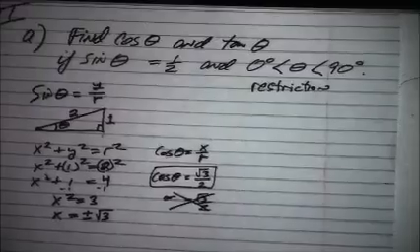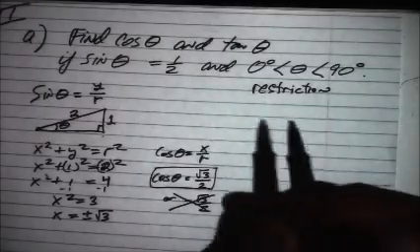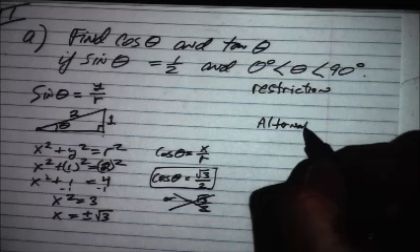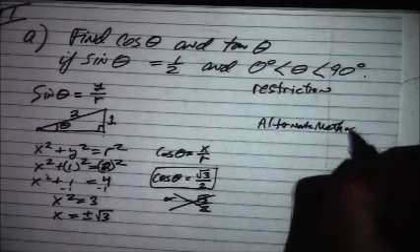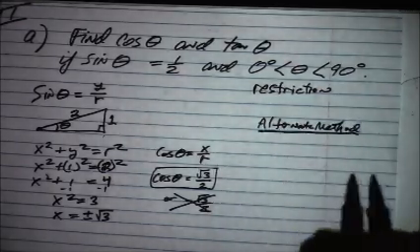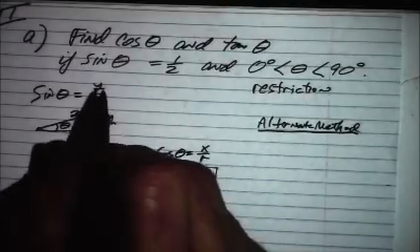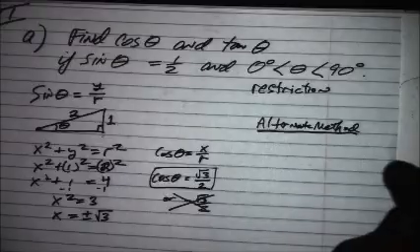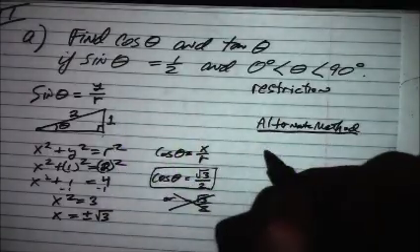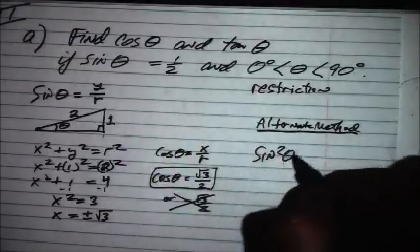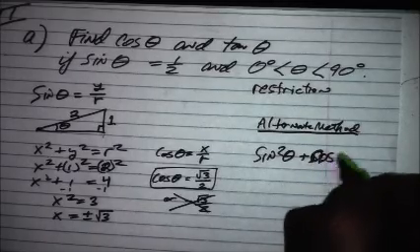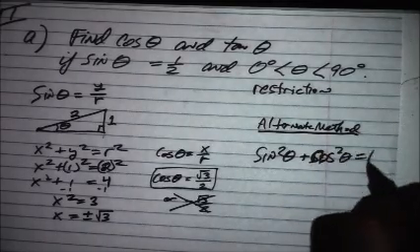Now, before we get into the tangent, let's take a look at an alternate method here. And in certain problems, this becomes essential because it's not possible to determine the y and the r or the x and the r. So in an alternate method like this, what we're going to do is recognize that sine squared theta plus cosine squared theta is equal to 1.